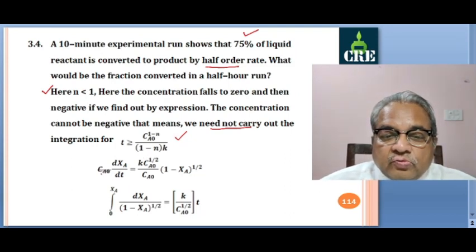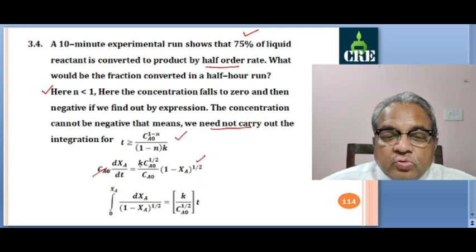So we have minus r_A is equal to C_A0 into dX_A by dt, that is equal to k C_A raised to half. Now k C_A0 raised to half, 1 minus X_A raised to half. C_A is equal to C_A0 into 1 minus X_A. This C_A0 is transferred here in the denominator.